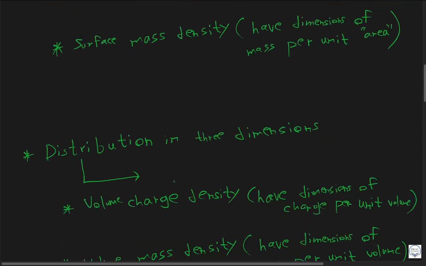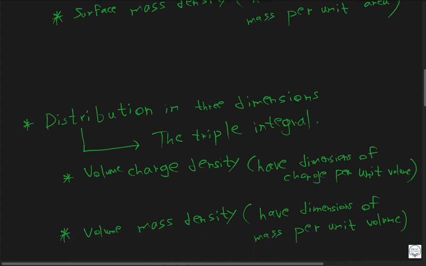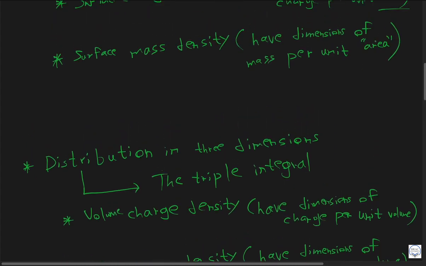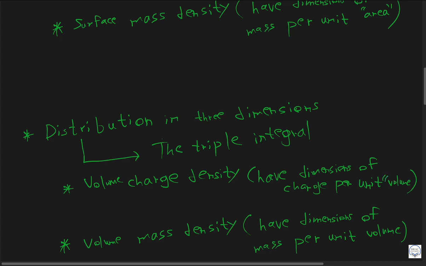Moving on, we have the volume distribution, where we need the triple integral. Here you would also see the same pattern: area now becomes volume. One example of a domain which is a volume is the cylinder.